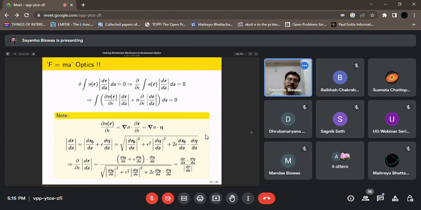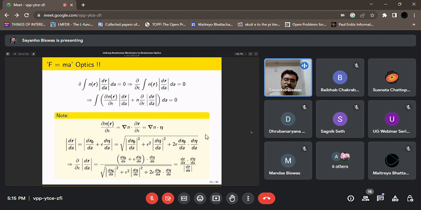Now I've tried to compute mod dou r dou a. Sorry, mod dr da. I have expanded the r vector as r naught vector plus epsilon eta vector. So it just opens up because d/da is a linear operator. Therefore, it works in an exactly linear fashion. r naught and eta are two vectors, and epsilon is a scalar. That's how it opens up.